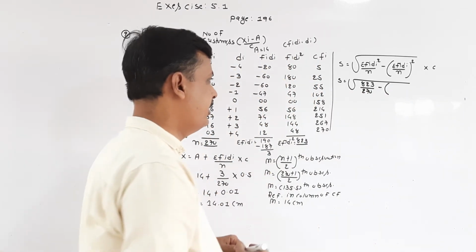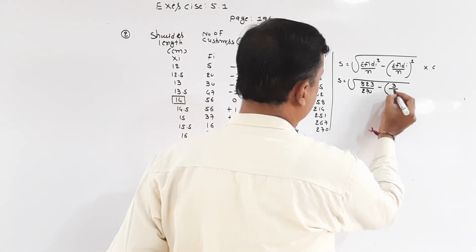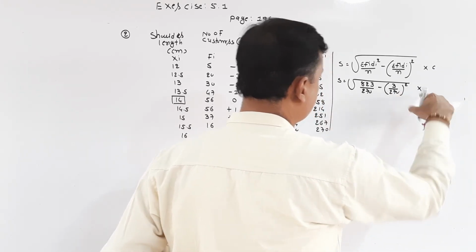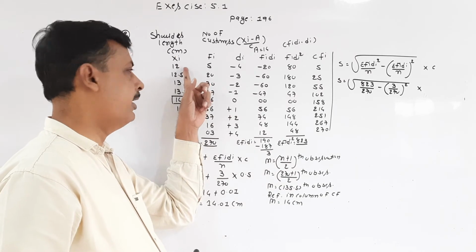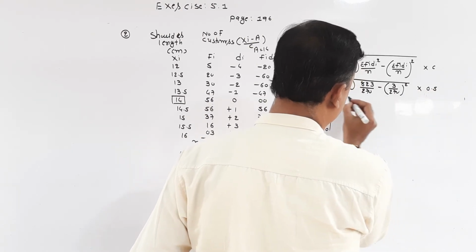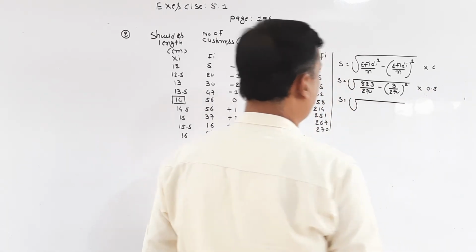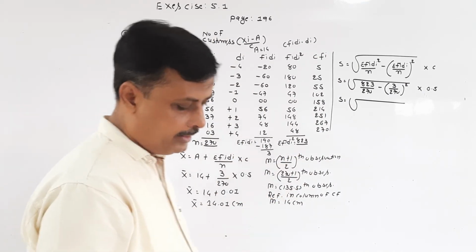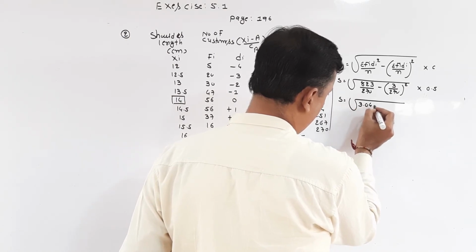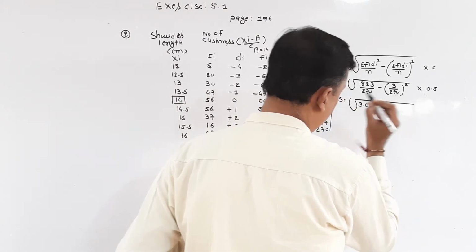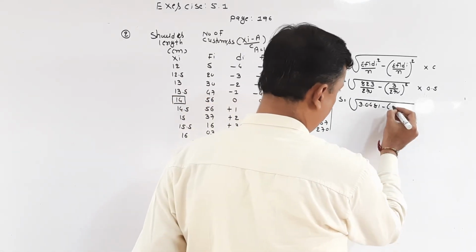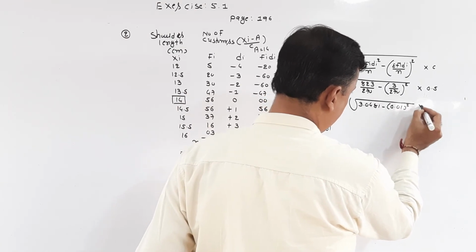Sigma FiDi is 3 upon 270 whole square. C means length, the length of 12, 12.5, 13 is 0.5. So 823 divided by 270 is 3.0481. 3 divided by 270 is 0.01 whole square.